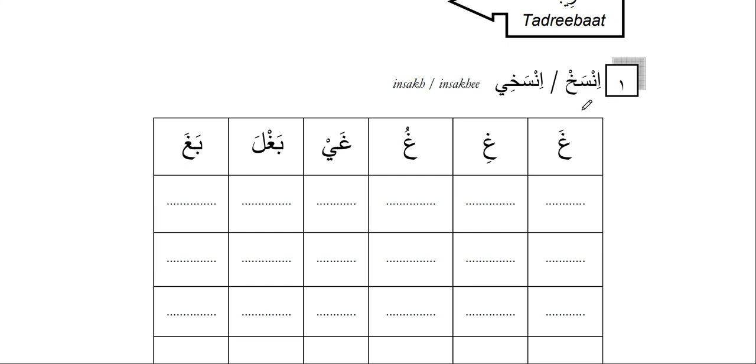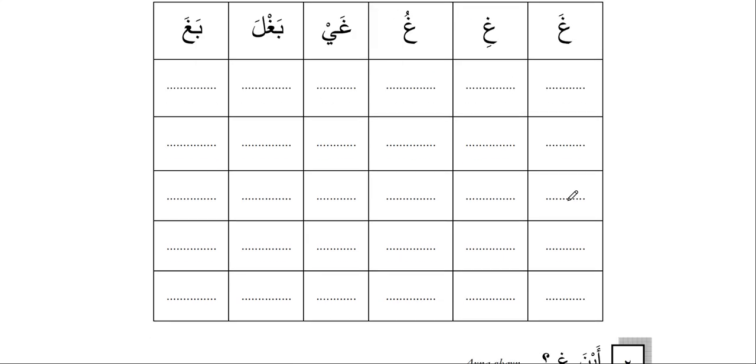Exercise one, insikh, insikhi. So let's do the writing portion of ghain. The first small c, the bigger c with the dot, fatha. This is easy, and it's just the repetition of the ain. And now it's ghain with dammah, and the same ain with the ya, no need to show you again.